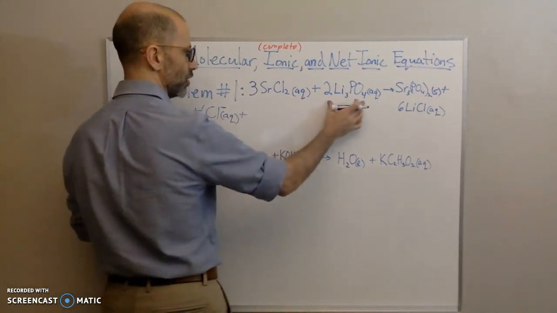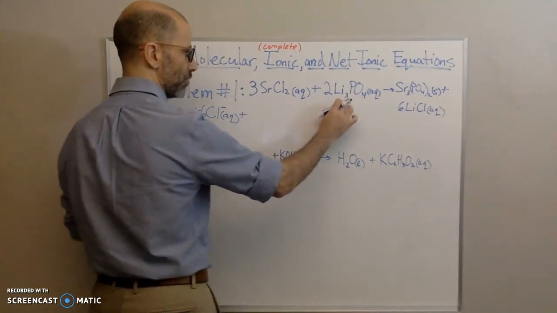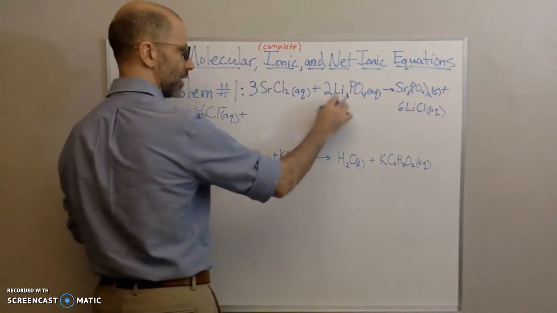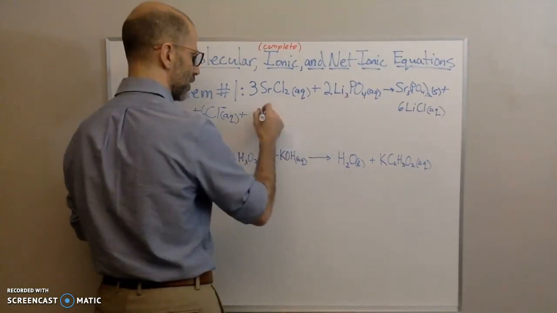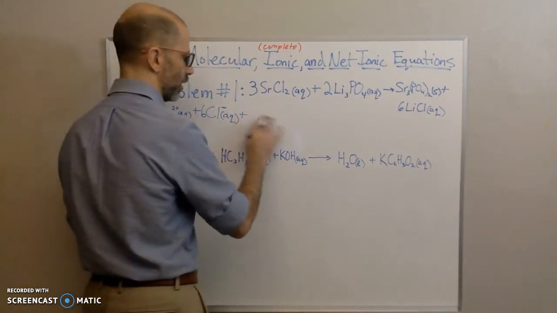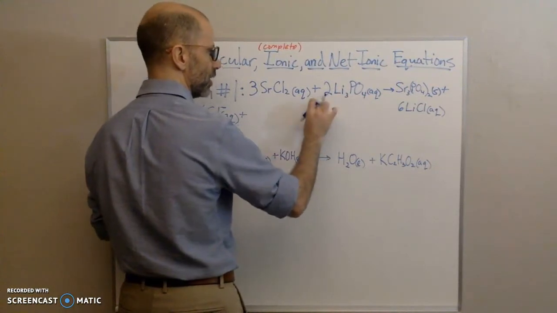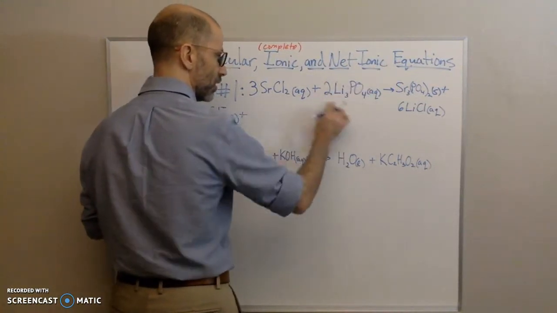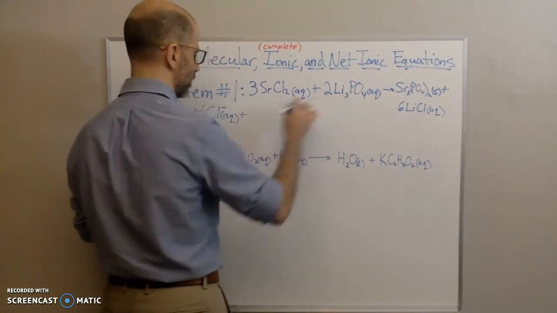And now we're going to do this one. We have a coefficient 2, but we have 3 lithium ions here. Again, lithium ions are not going to be together. We're not going to write Li3, right? That's not how we write it. So these lithium ions are going to be separated. We have 2 of these, so that means we have 2 times 3, a total of 6 lithium ions.